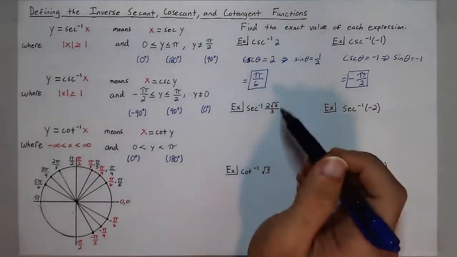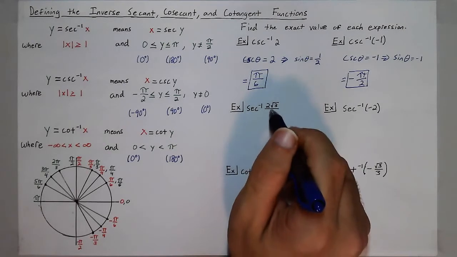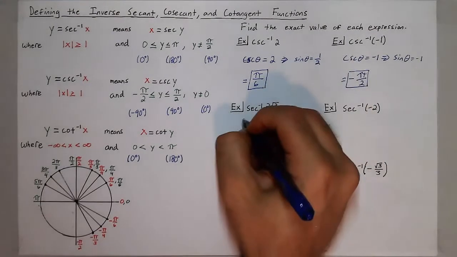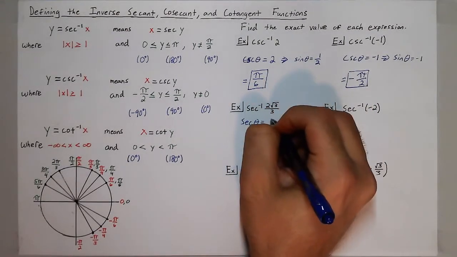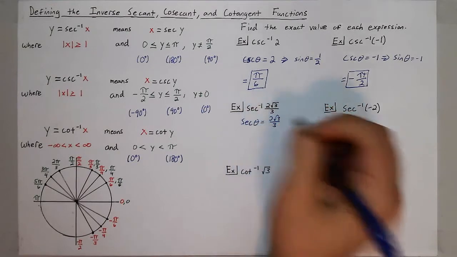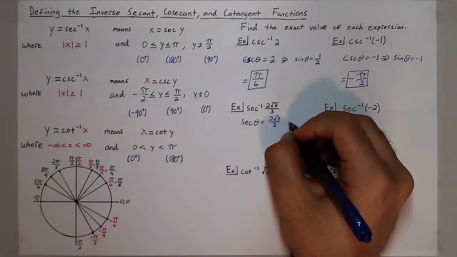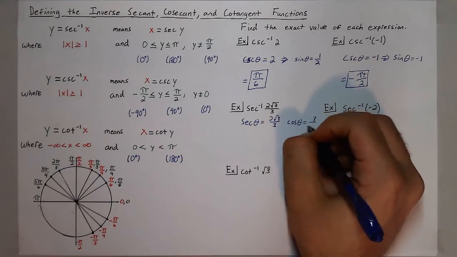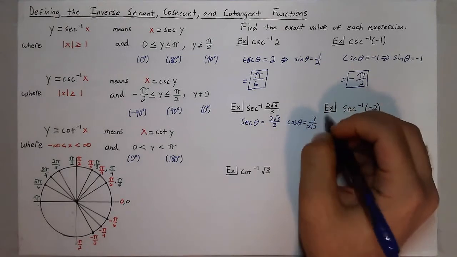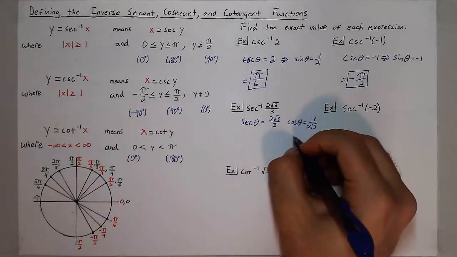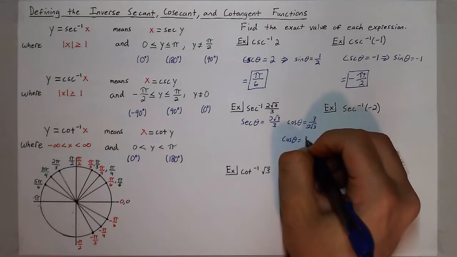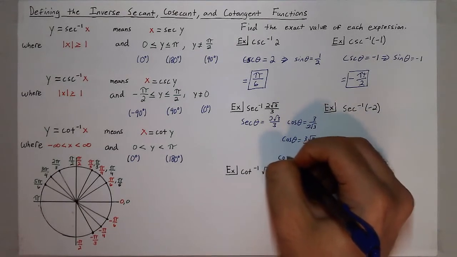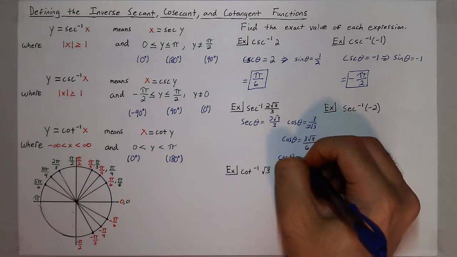Continuing forward, we have secant inverse of 2 square roots of 3 over 3. So now I need to figure out what angle makes secant of theta equal to 2 square roots of 3 over 3, or makes cosine of theta equal to 3 over 2 square roots of 3, which I need to rationalize. So multiply the top and the bottom by the square root of 3, giving me 3 square roots of 3 over 2 times 3, which would be 6, which simplifies to just the square root of 3 over 2.